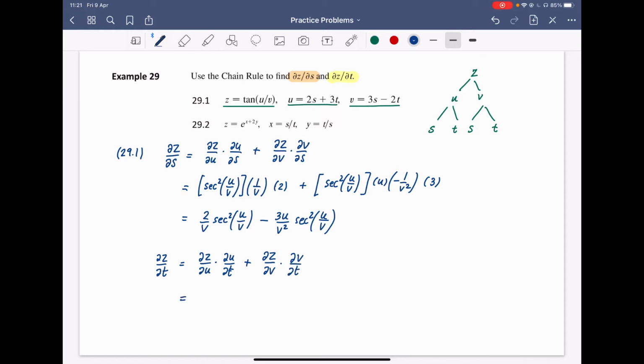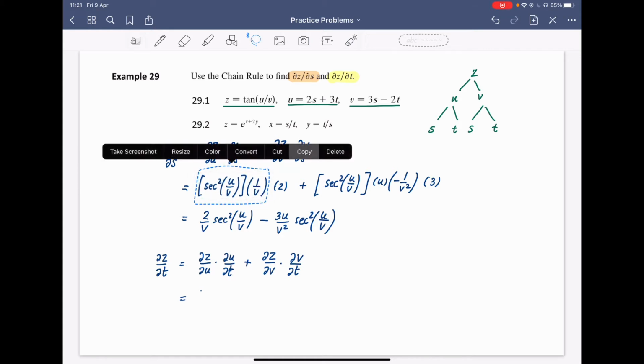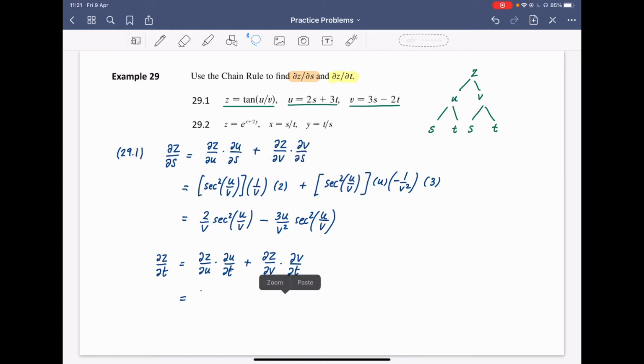All right, what is ∂C/∂U? It's the same thing as before, so I can copy that term from the top. And then differentiate U with respect to T, so I get 3.